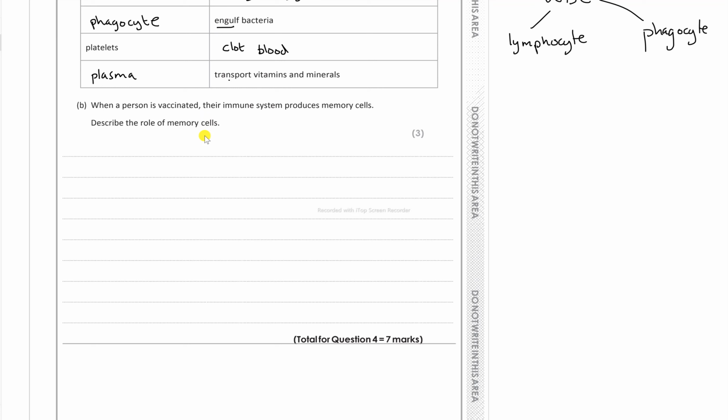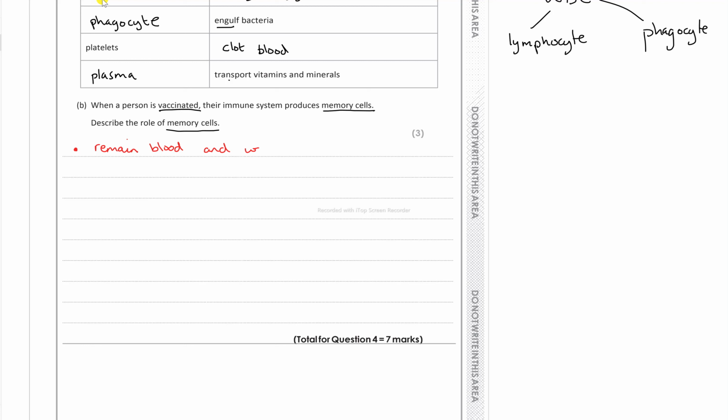When a person is vaccinated, the immune system produces memory cells. Describe the role of memory cells. So the memory cells remain in the blood for a long time or a lifetime.